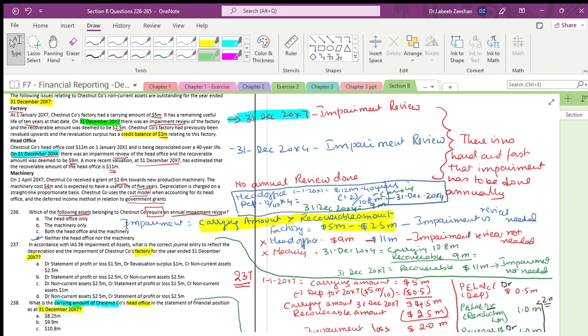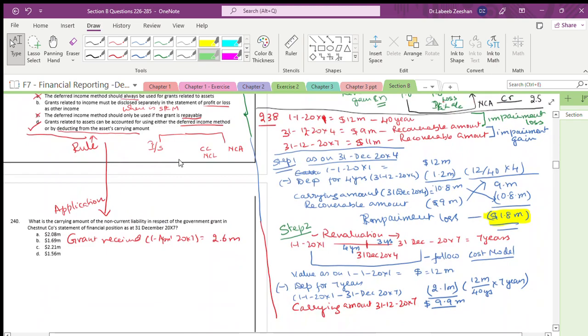They are using the cost model and the deferred income method. They mention it very clearly.